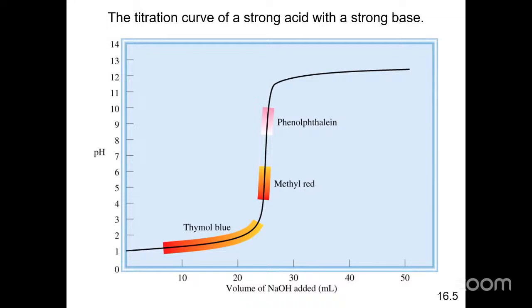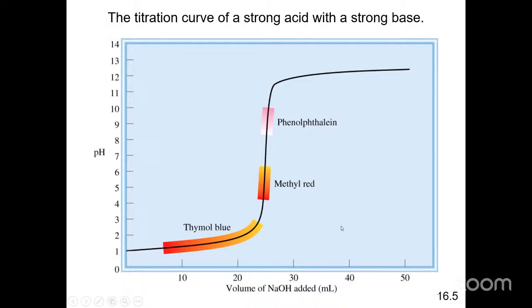You want the color of the indicator to change in the range of the pH of the equivalence point. And that would be so in the case of methyl red and also in the case of phenolphthalein. In both of these cases, you'll notice that the changeover in colors would be within that big jump from, as I said before, 3 to about 11 point something, almost 12, all right?